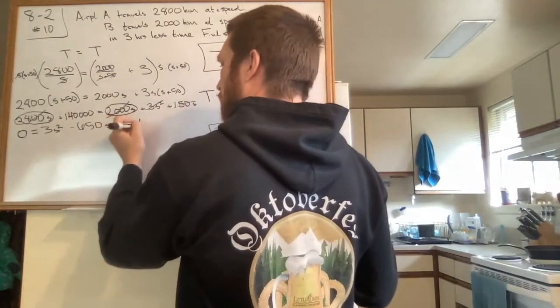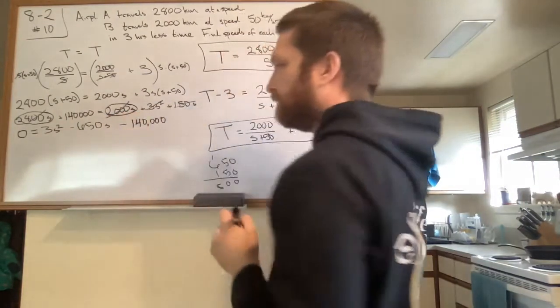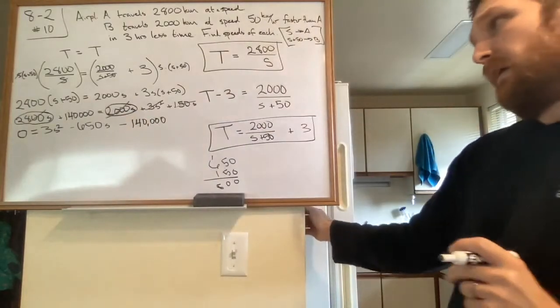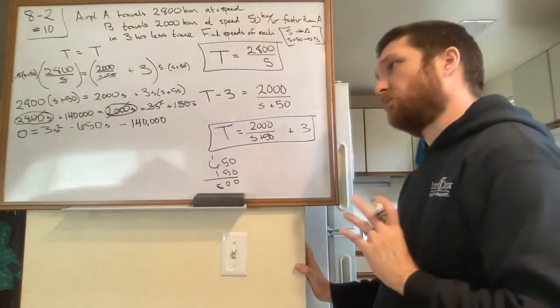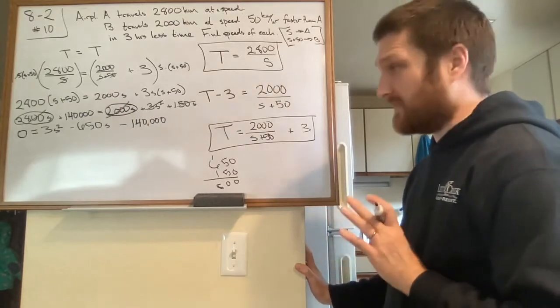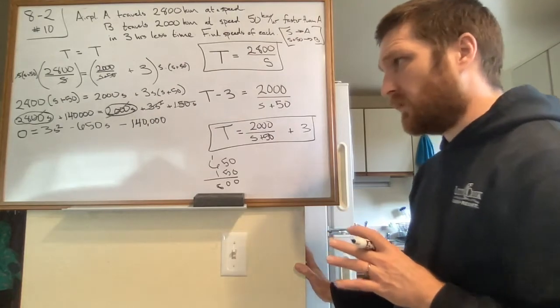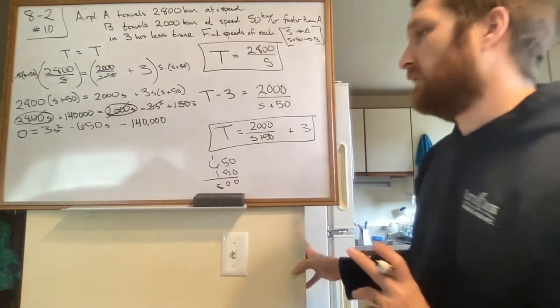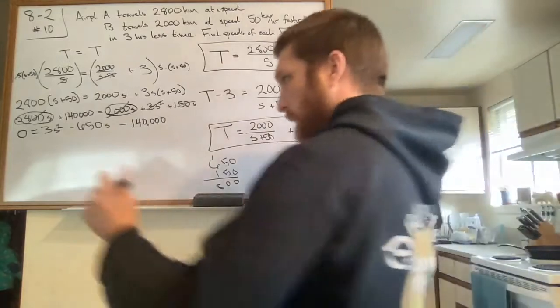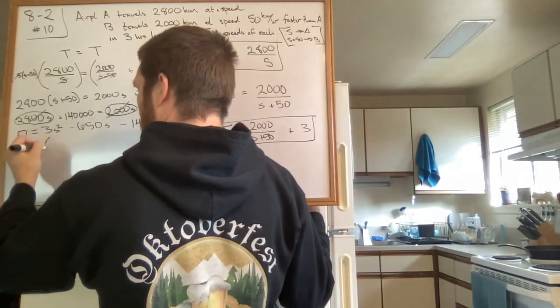Minus 140,000. Okay, yikes, that's really ugly. And what I'm going to do, I'm actually going to use a calculator for this because yikes, right? Hopefully this will factor. I'm going to go 0 equals, well, like this.